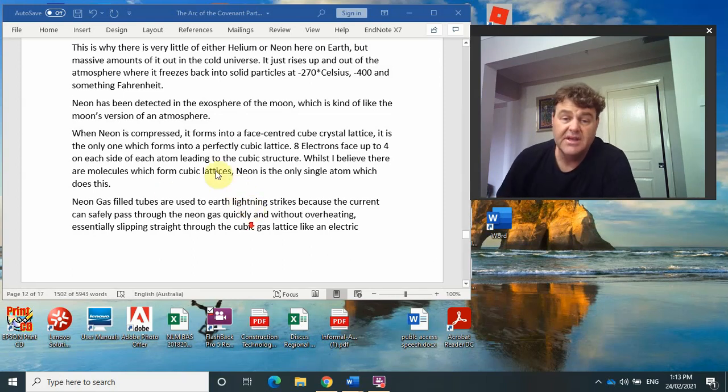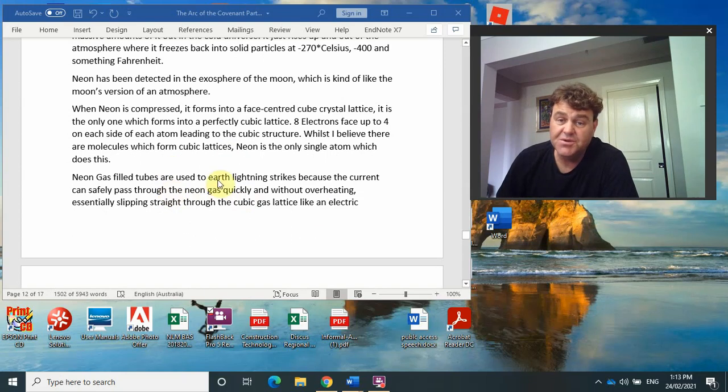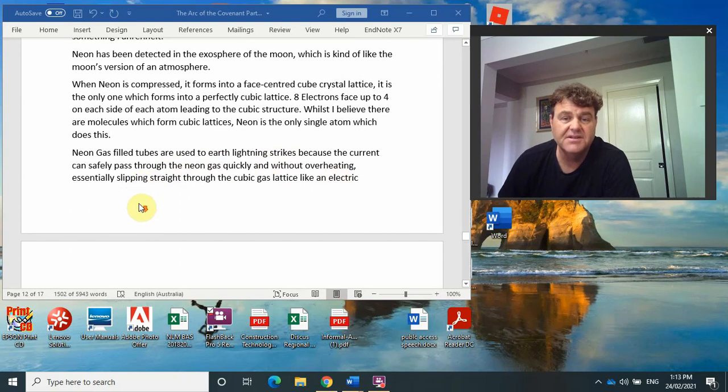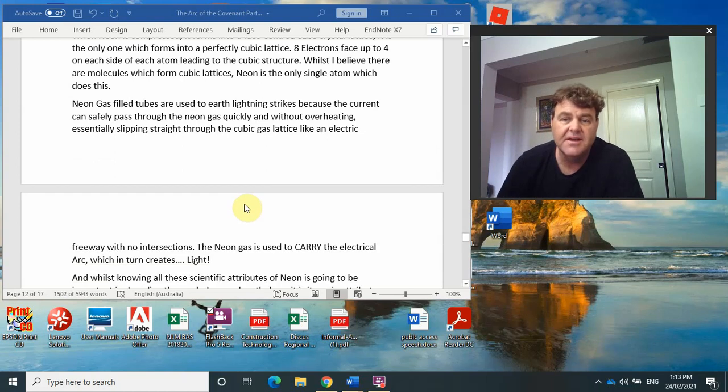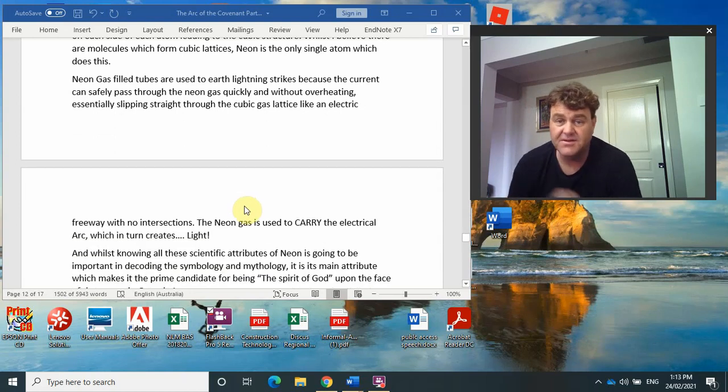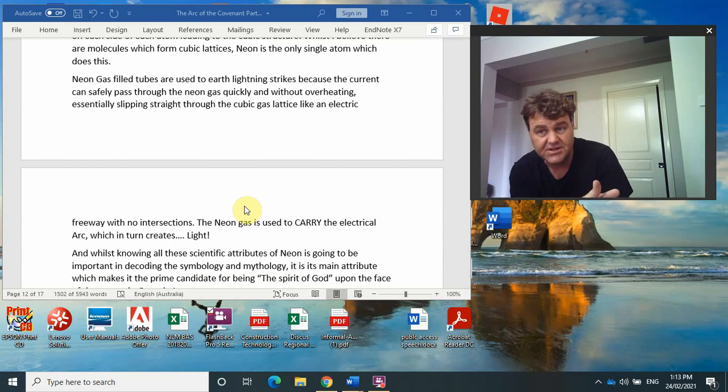Neon gas filled tubes are also used to earth out lightning strikes because the huge current can pass safely through the neon gas quickly and without overheating, essentially letting it slip straight through the cubic gas lattice like an electric freeway. There's no intersections. It can just pass straight down the endless tubes in between the cubic lattice. The empty spaces are straight line tunnels.